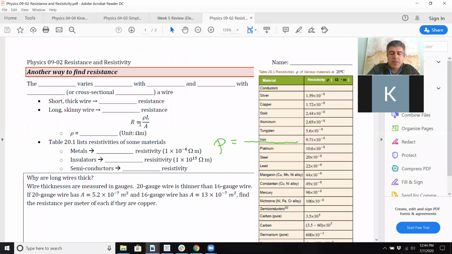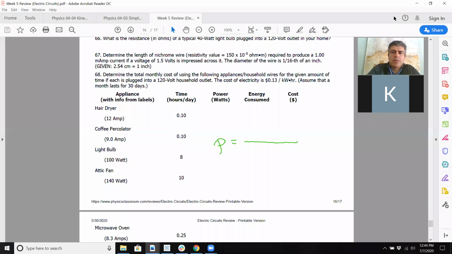Yeah, R equals rho L over A. I had it the other way around, so let me redo that. That should make sense because L is just the length of the wire, A is the cross-sectional area.